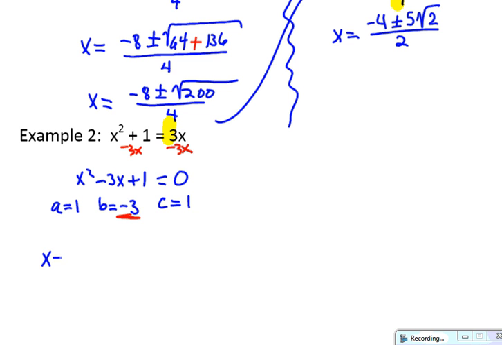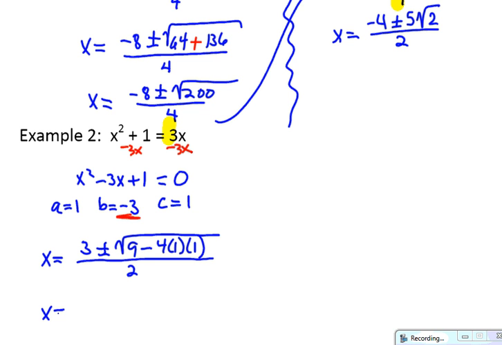So x then is equal to the opposite of b, so positive 3 plus or minus the square root of b squared, which is 9, minus 4 times 1 times 1. So that's going to be all over 2 times 1, which is 2.